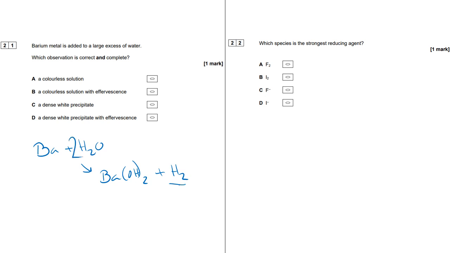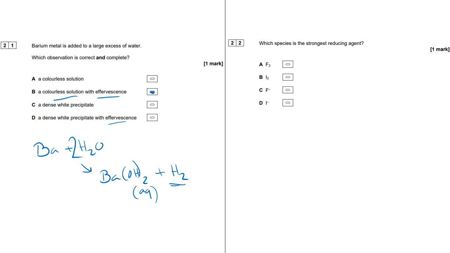Hydrogen gas is going to give us some effervescence, so B or D is correct. Barium hydroxide, is it going to be a white precipitate or a colourless solution? That's based on your understanding of group 2 hydroxides and their solubilities. As you go down the group, the hydroxides become more soluble, so barium hydroxide would be a colourless solution. So B is the correct answer there.